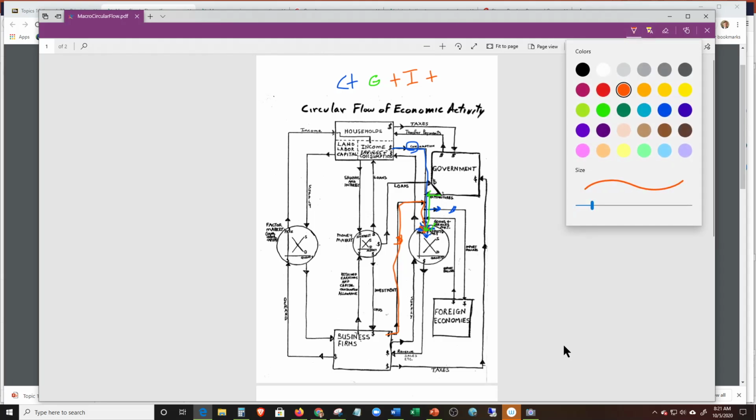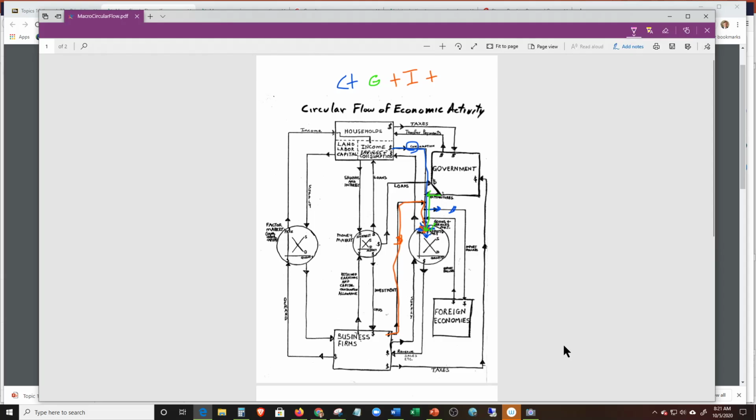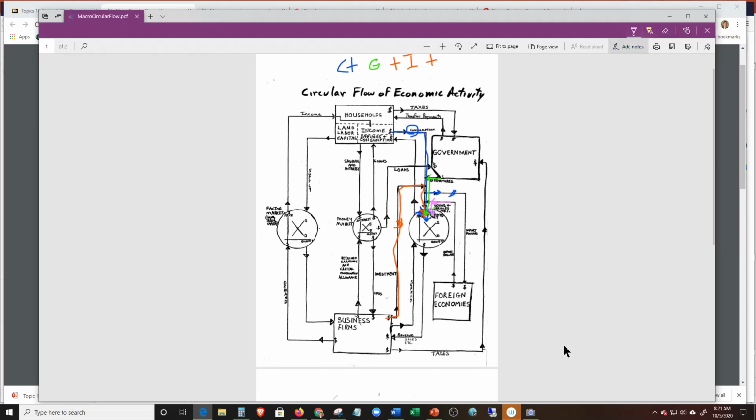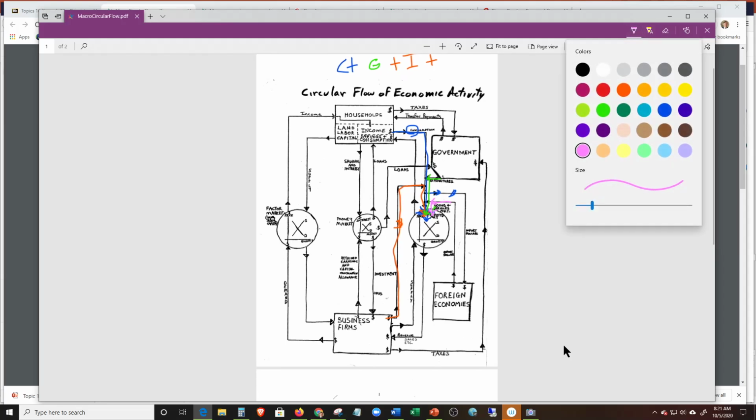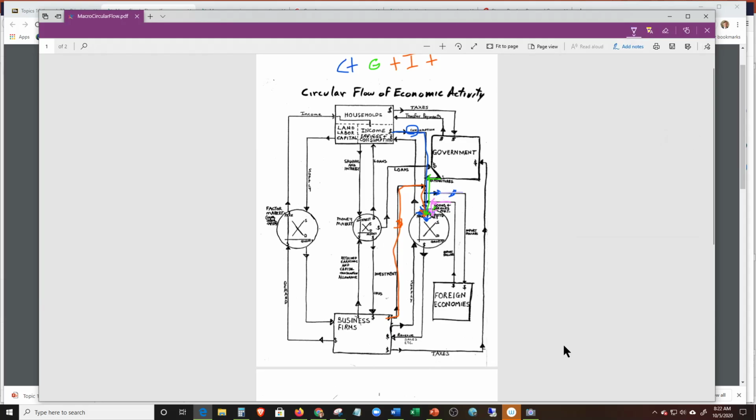And then, of course, we're going to add, what color can I use here? Pink. The exports are the money flowing from foreign economies in here to buy goods, but we do have to subtract the money flowing out of the country to pay for goods and services produced in other countries.